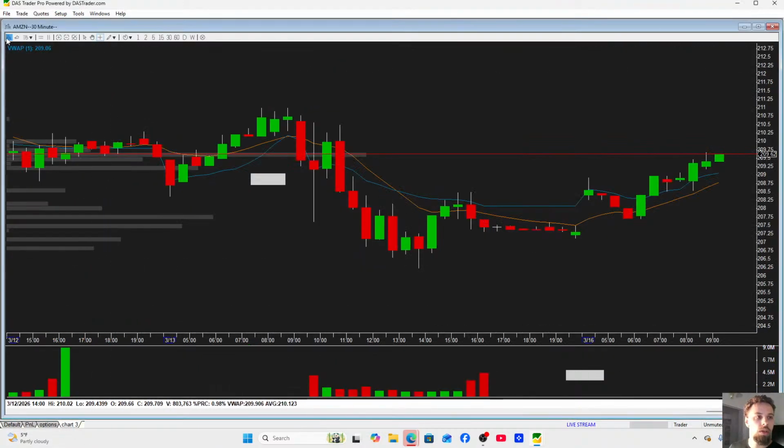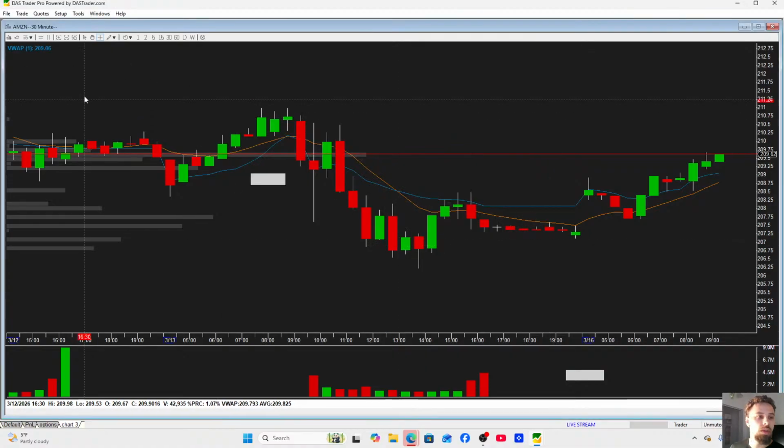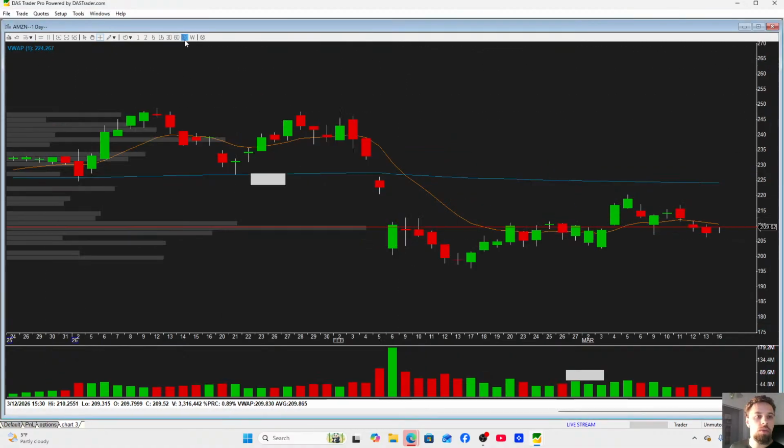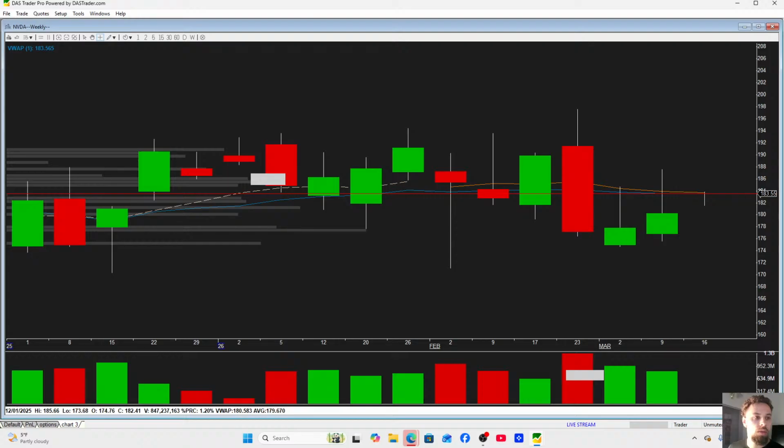Let's go to NVIDIA. Mark some stuff on this chart. See if it'll load. We always get that message now for whatever reason. So let's go to the weekly. NVIDIA. Let's do 12. Okay, there we go.